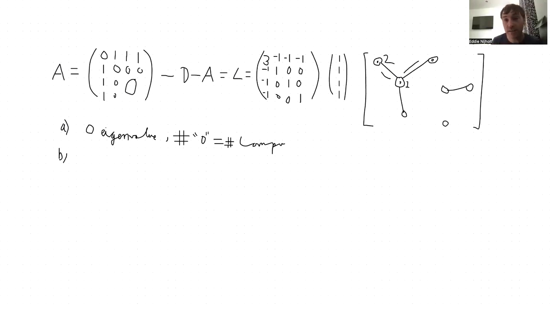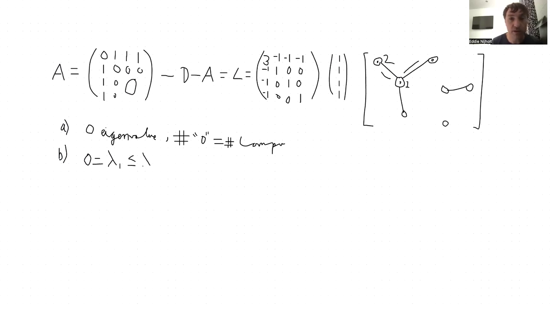Another thing that you can show, which again is not hard to see, is that all of the eigenvalues are non-negative. In other words, the remaining eigenvalues are always positive. So you can always order the eigenvalues as such.